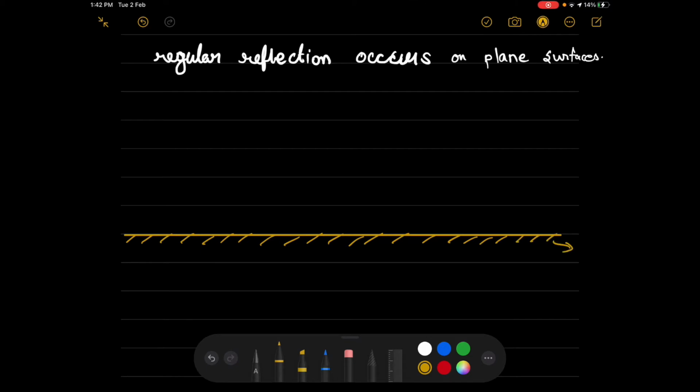So this is the silvered part, and this one is the reflecting surface. You'll note it down.